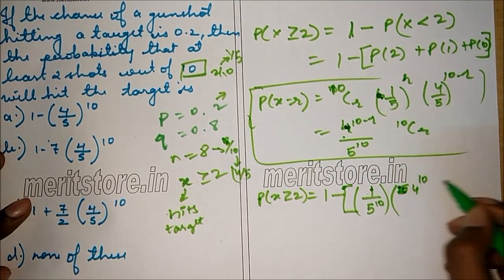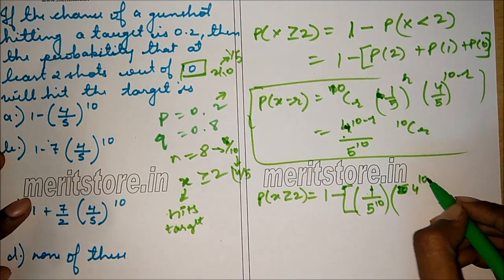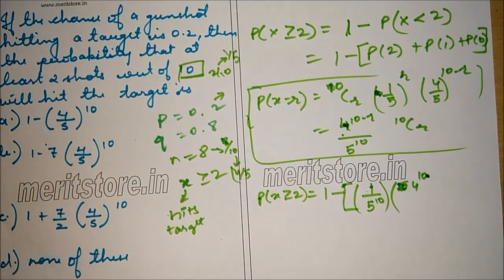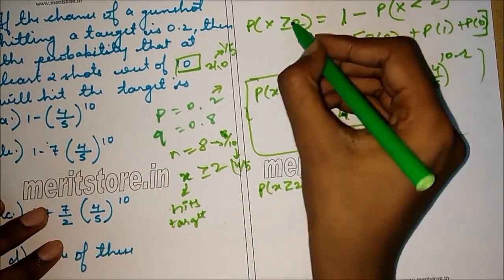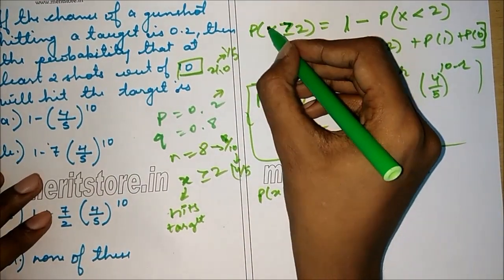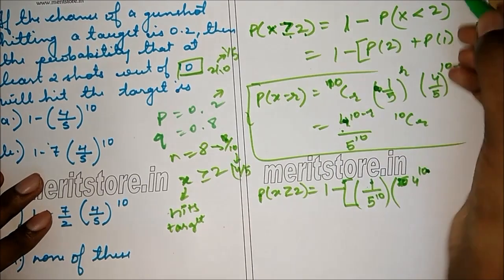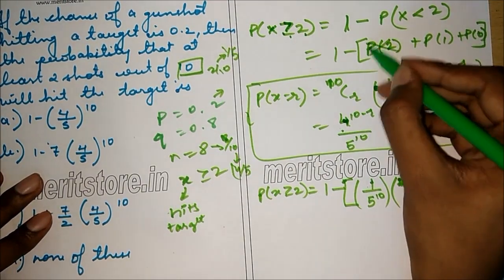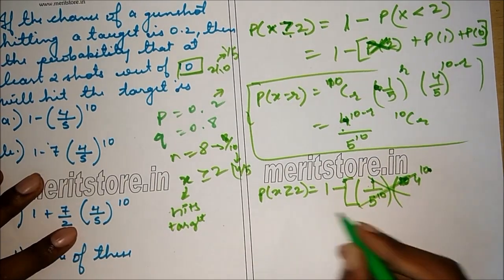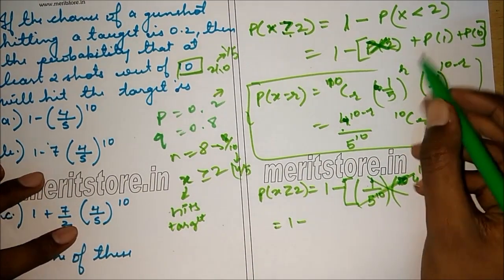There's a correction: since we are asked for P of X less than 2, this term won't be there, so we'll directly start with 1 and 0.